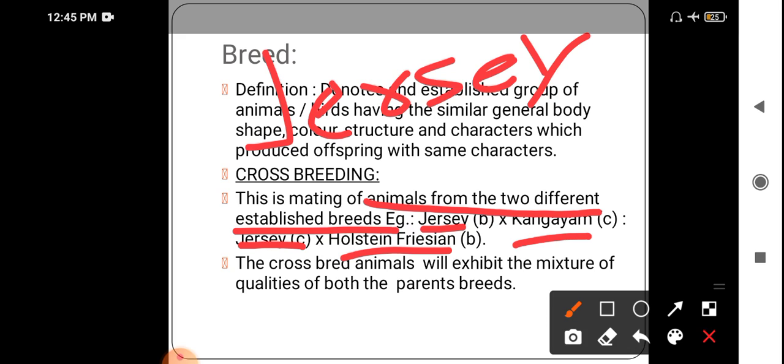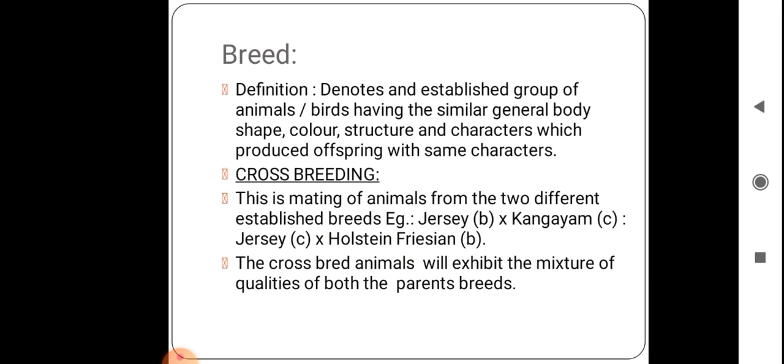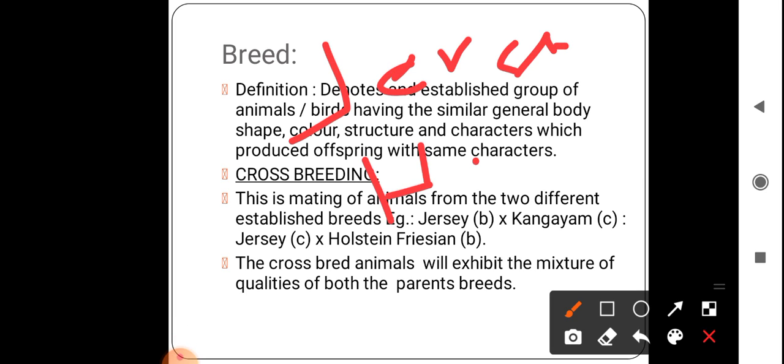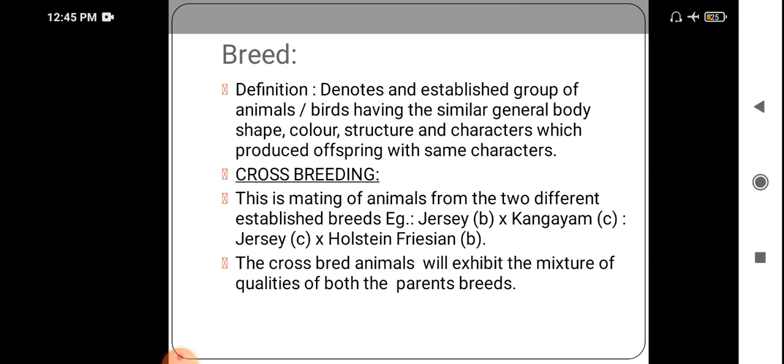So when mating is done between two established breeds, this type of mating is known as crossbreeding. The crossbred animals will exhibit a mixture of qualities. It will not be totally Jersey, it will not be totally Holstein Friesian. Some mixture of qualities they will exhibit.